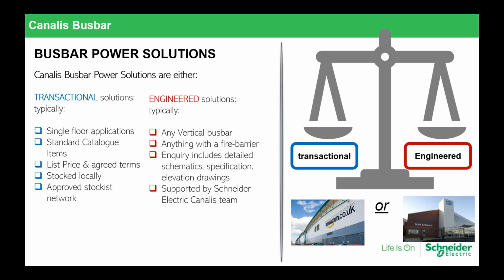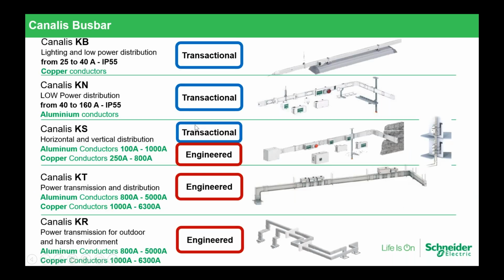So we have a dedicated team, support with tailoring the solution, support going on site to measure, to be sure what we proposed is matching what is on site. So it's a little bit more complex. So this is the difference between transactional and engineered. The transactional solution goes up to 1000 amps. So what we are seeing, more than 1000 amps, we go to the engineered side of the bus bar.